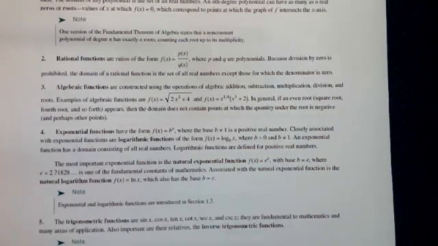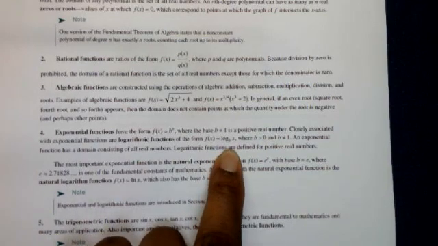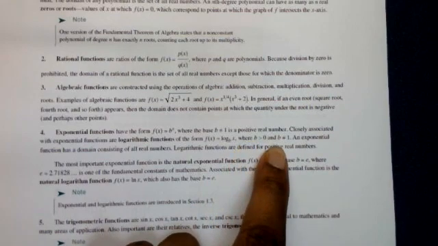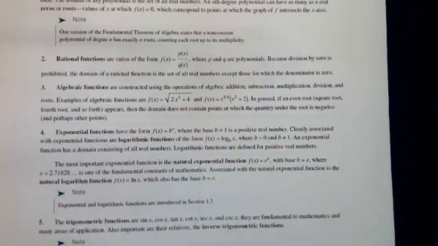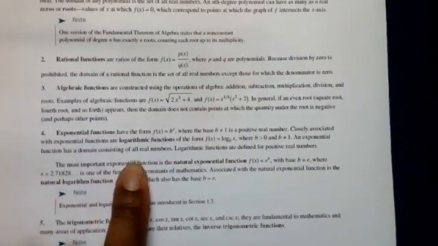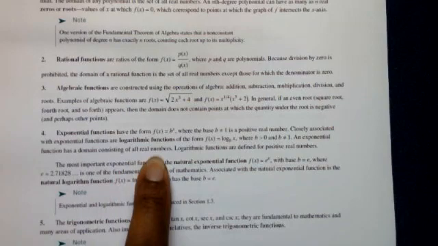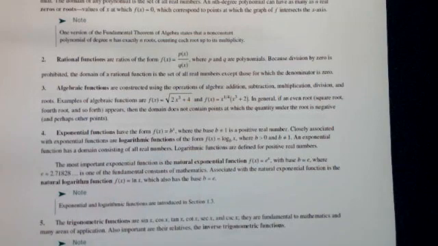Logarithmic functions have the form f of x equals log to the base b of x, where b is greater than 0 and not equal to 1. So again, b is a positive constant other than 1. The exponential function has a domain consisting of all real numbers, whereas logarithmic functions are defined for positive real numbers.